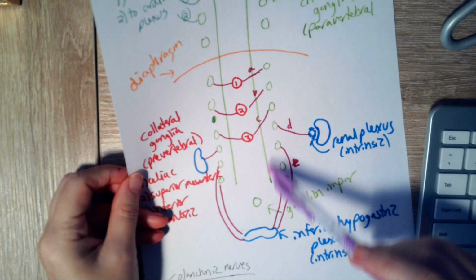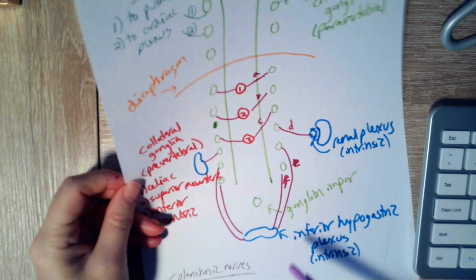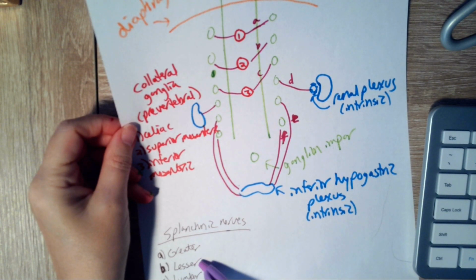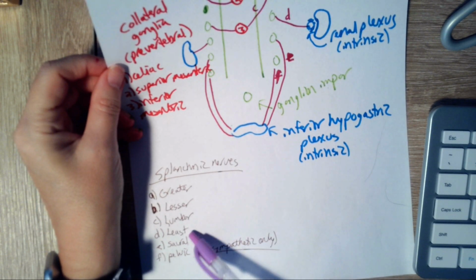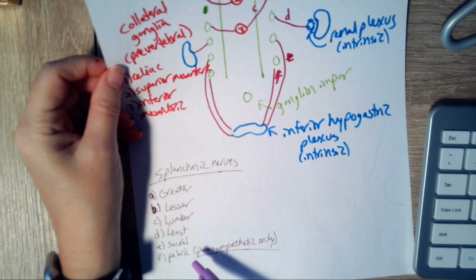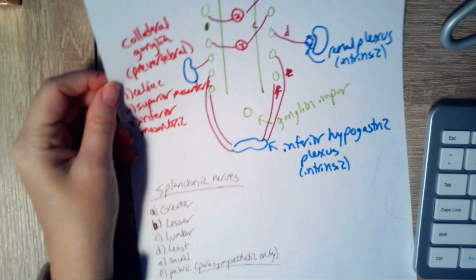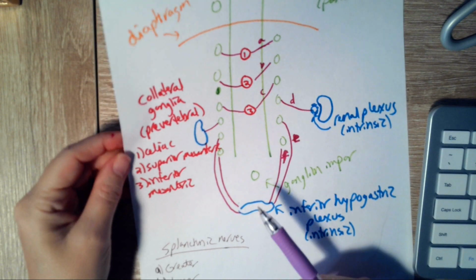Now, the splanchnic nerves have names, and they're in order from top to bottom, so they're listed here. The greater splanchnic nerve, the lesser splanchnic nerve, lumbar splanchnic nerve, least splanchnic nerve, sacral splanchnic nerve, and the pelvic splanchnic nerve. So, what are they doing? Where are they going, or what's happening with those splanchnic nerves?